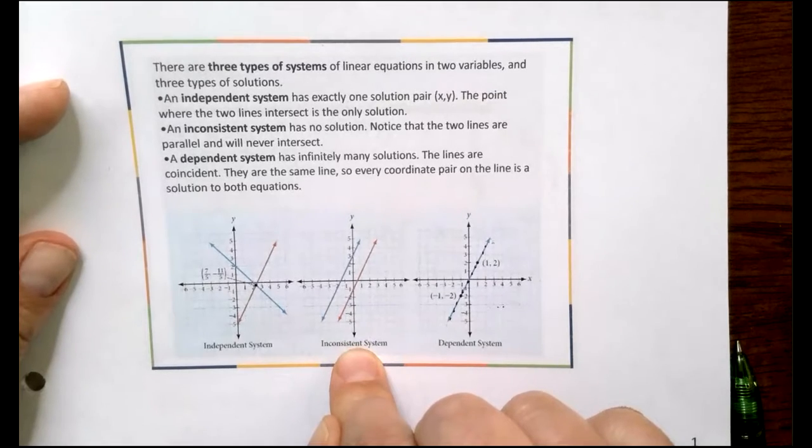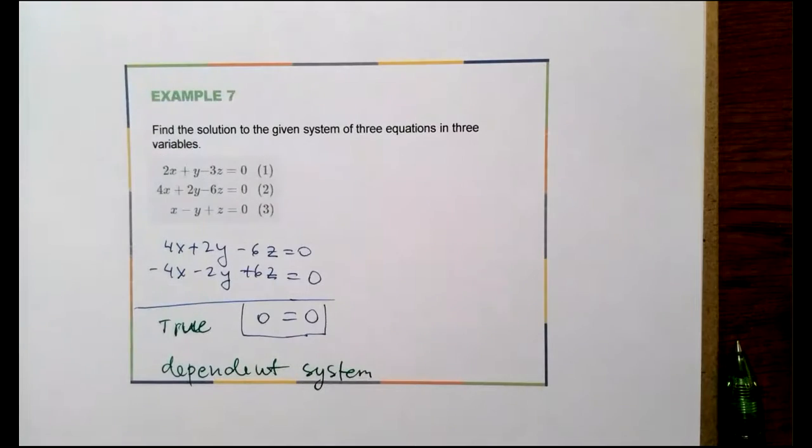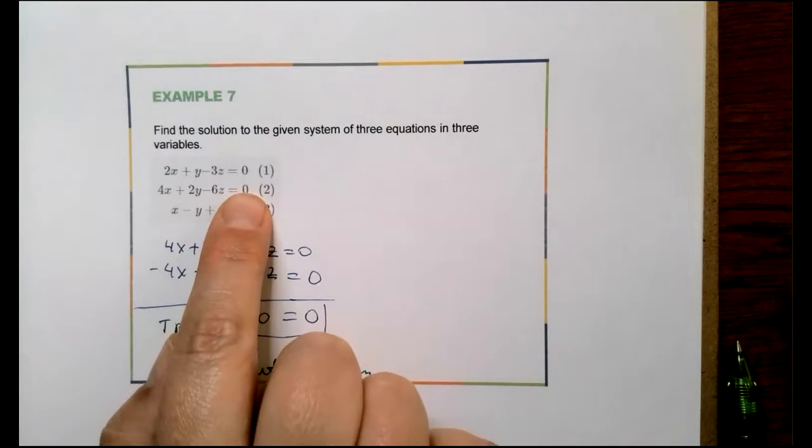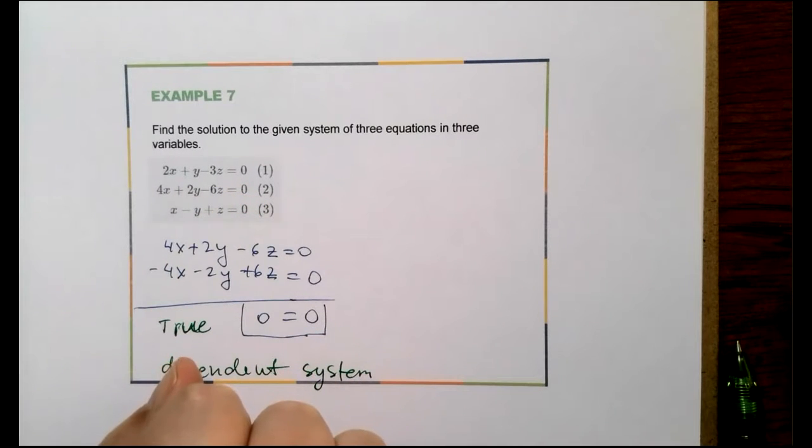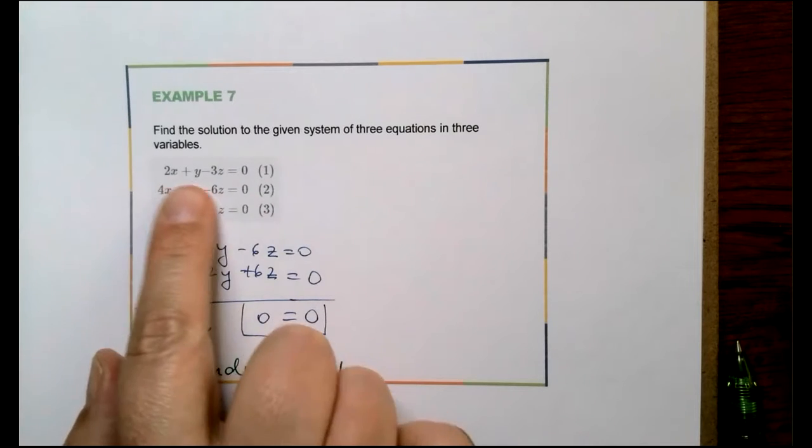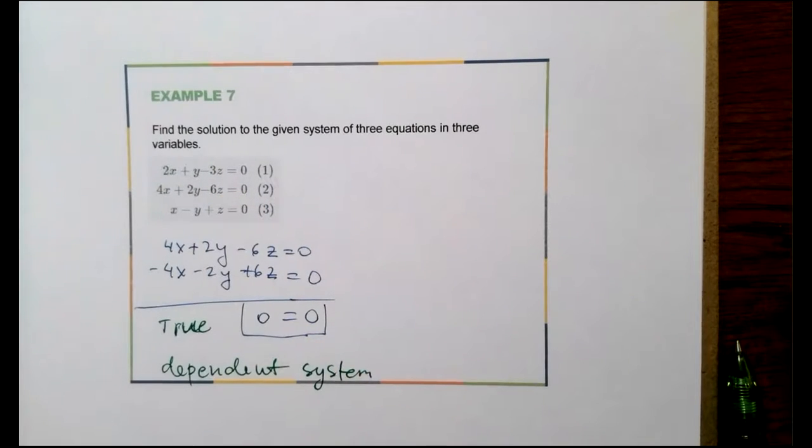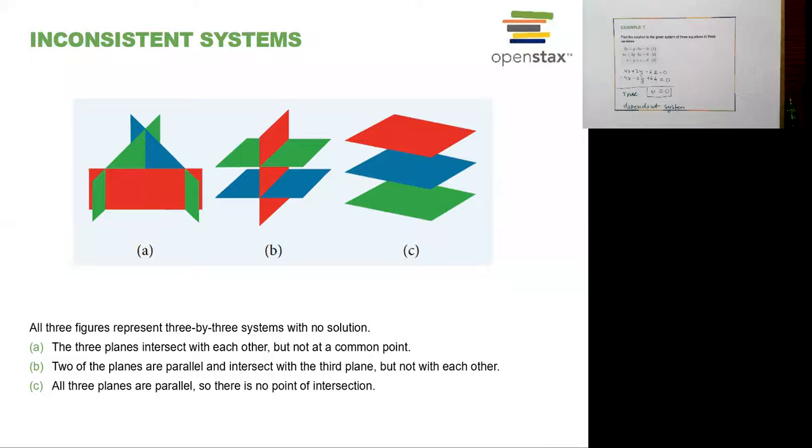Now, what kind of situations can we run into with three-dimensional equations? Since we have 3 variables x, y, z, that represents a 3-dimensional space, and each of these equations represents a plane instead of just a line. So let's see what happens.